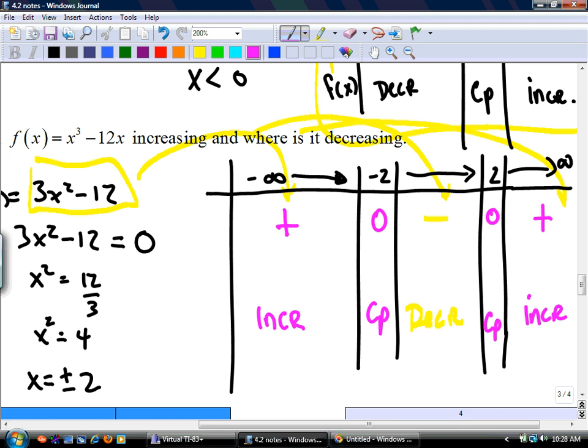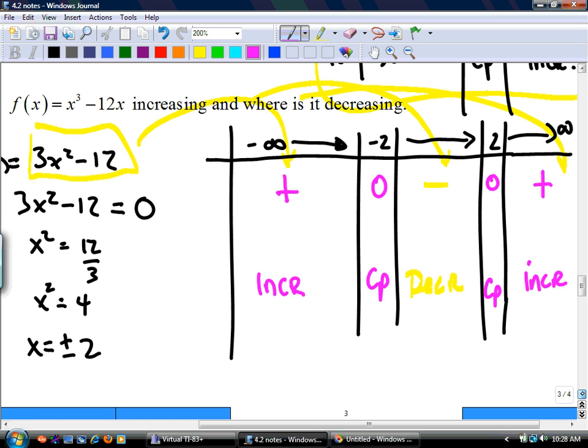So do not assume. It will change. You can go increasing, increasing, decreasing, decreasing. I can draw functions that have that property. So you just need to be careful.